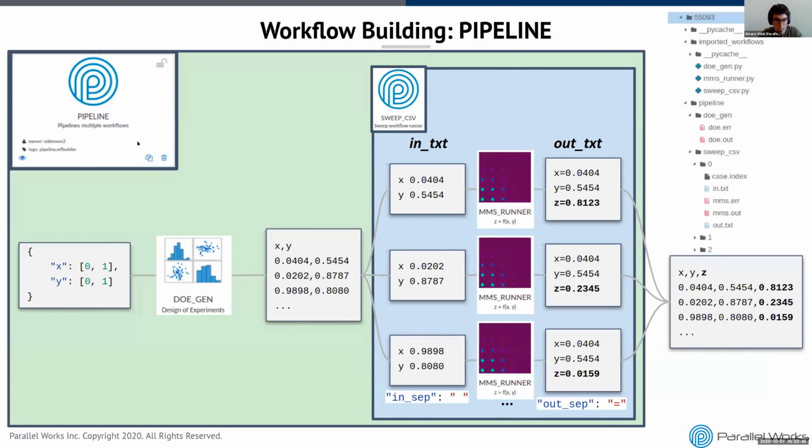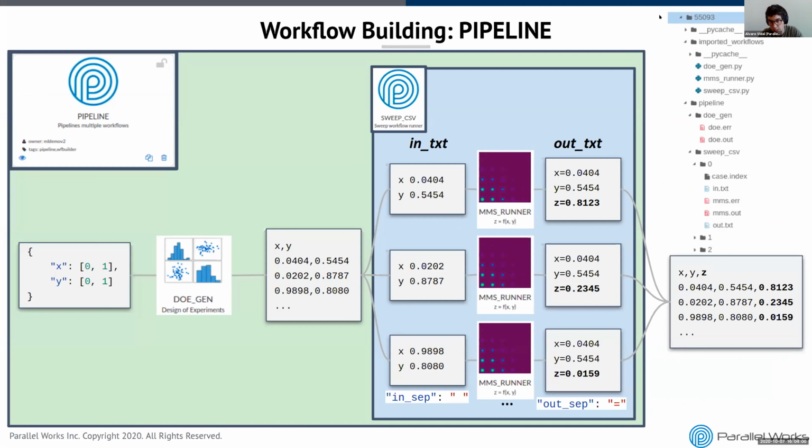So this CSV file with the sample design space is what I'm going to pipe into the Swift CSV, which will otherwise remain the same as in the previous example.